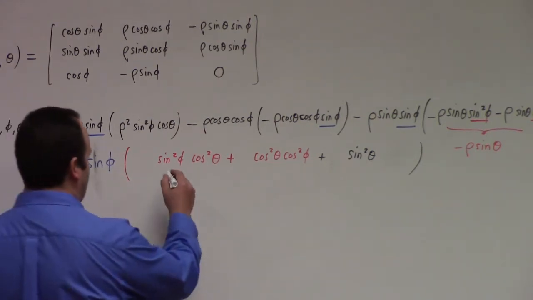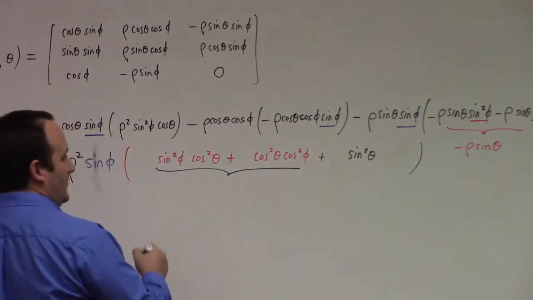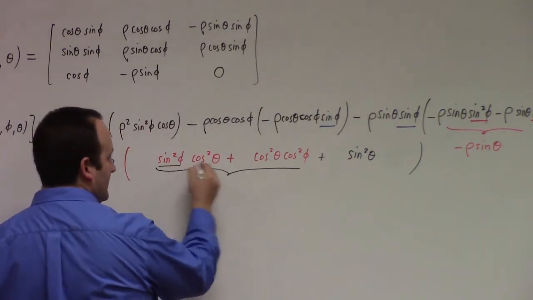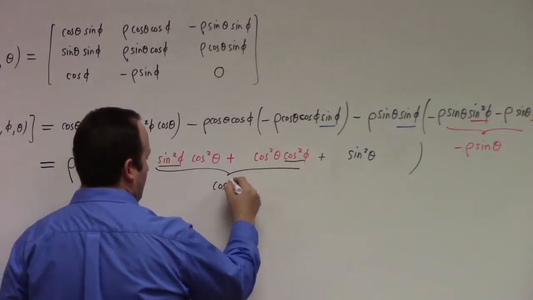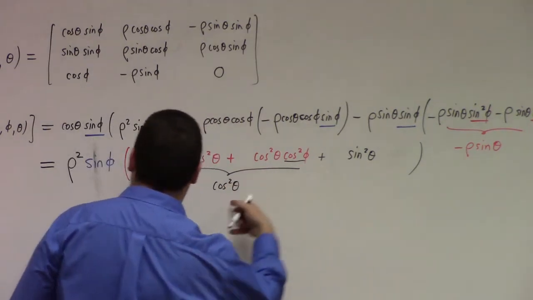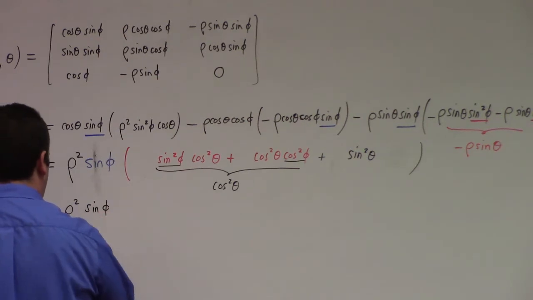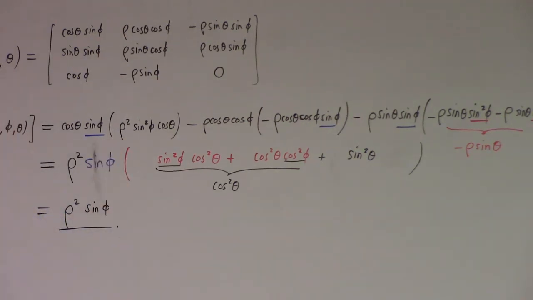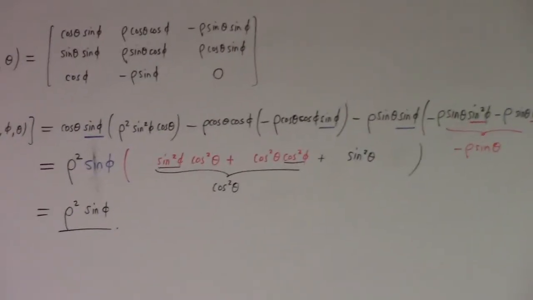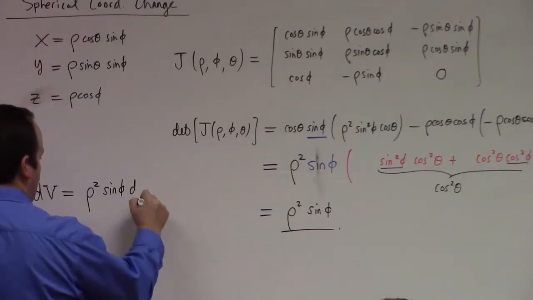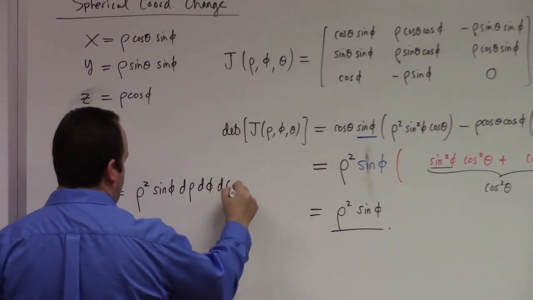What's this? Not 1, but cosine squared theta. And then that. And so there we go. Hey, it looks like there's still hope for spherical substitution. So basically, here's the way it works. dv in sphericals is rho squared sine phi d rho d phi d theta.